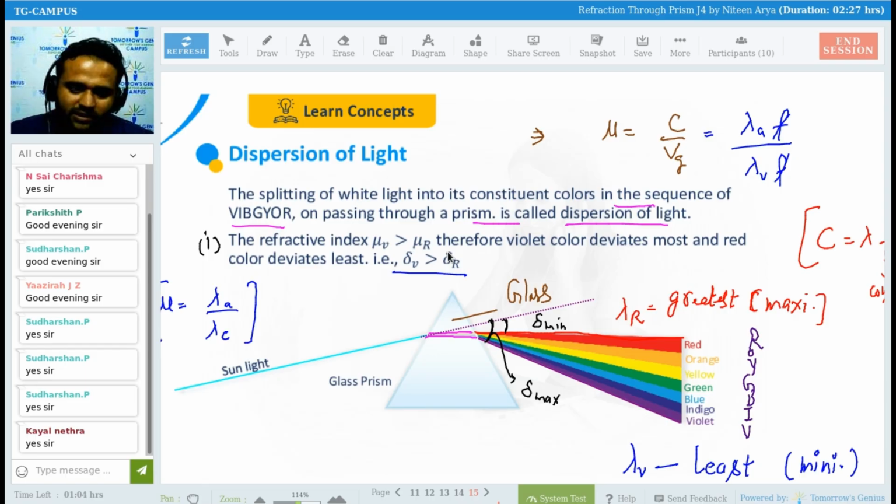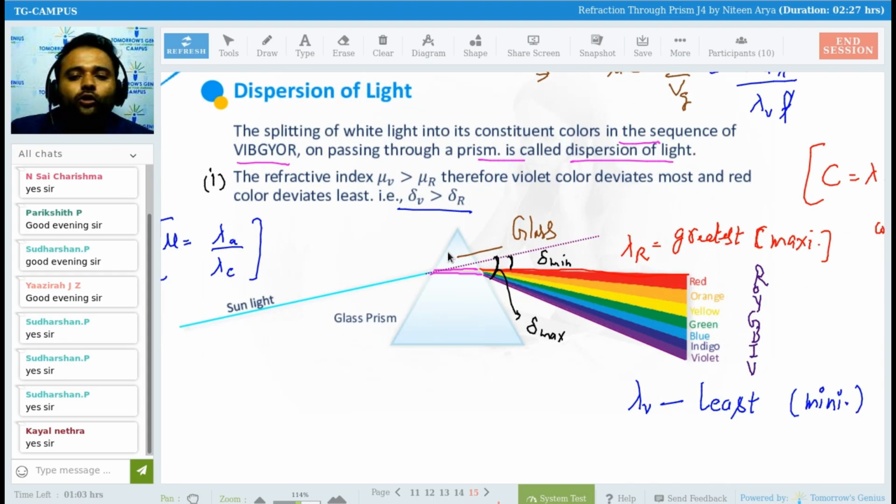Then the options: both are true and the reason is the correct explanation; both are true but the reason is not the correct explanation; assertion is correct, reason is false; assertion is false, reason is correct. In this way, many different kinds of questions based purely on theoretical knowledge can be formed. Clear, everyone? What I'm saying?